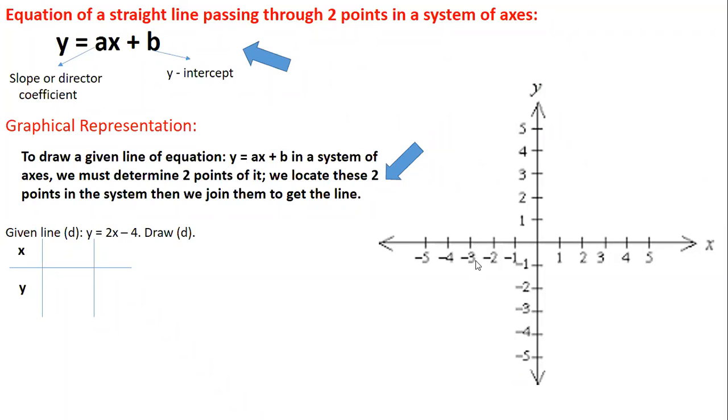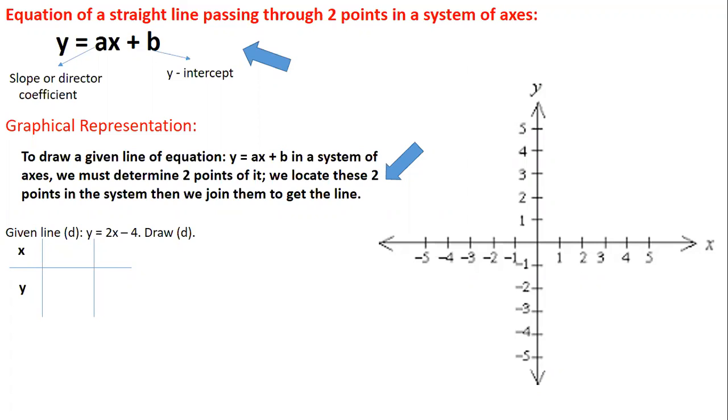Can you tell me, please, Alex, if I wanted to locate a straight line in a system of axes, what should I do? Please read these lines written in bold. To draw a given line of equation y equals ax plus b in a system of axes, we must determine 2 points of it. We locate these 2 points in the system, then we join them to get the line. Can you please start solving the exercise down?